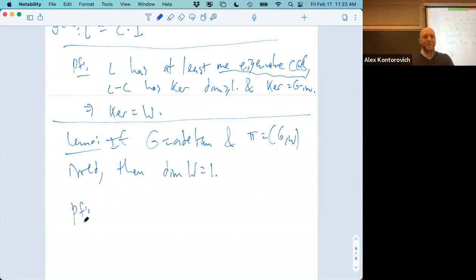And the proof is very simple. So let G and H be in G. Pi G is a map from W to W. What happens if I apply pi H to pi G?